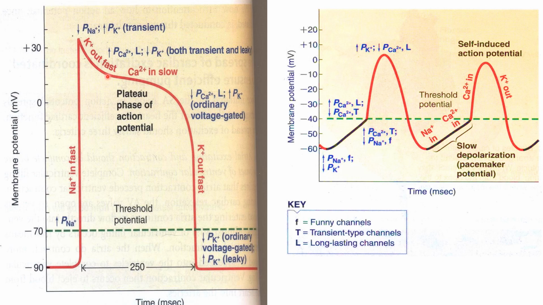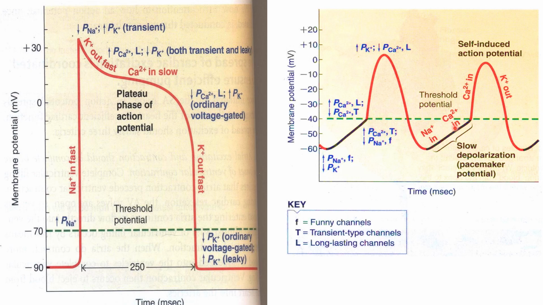This is the plateau phase in the ventricular action potential, and this is actually the phase 2 which is absent in this action potential. This is phase 3 of the action potential, the phase of repolarization, and here is phase 3 of the action potential, and this is the phase of repolarization.